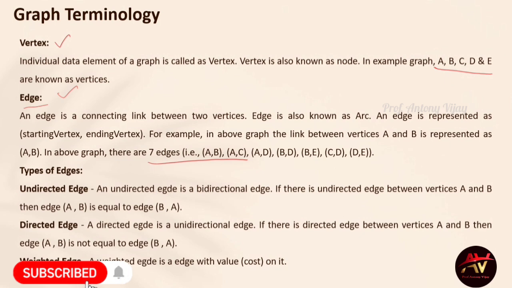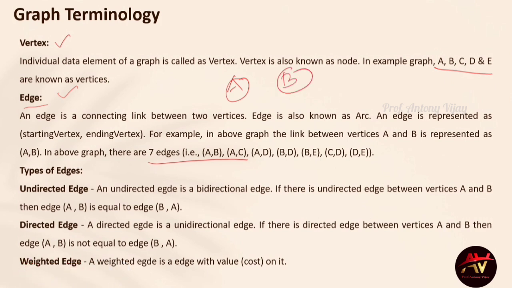So usually edge means it's a connection between two different vertices. So A and B are vertices, and between A to B this line is called as edge. This is the important term of graph.